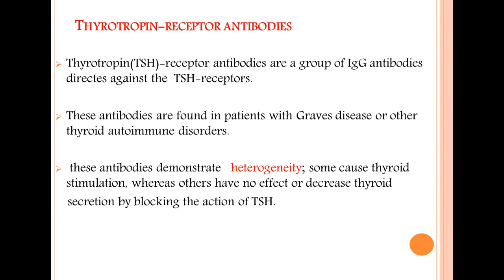Or sometimes these autoantibodies bind to the TSH receptor but with no effect. Or sometimes they have a blocking effect. They bind to the receptor and decrease the thyroid stimulation and production of thyroid hormone. So it may be either stimulation resulting in thyrotoxicosis, or they bind without effect, or they may have a blocking effect and result in hypothyroidism.